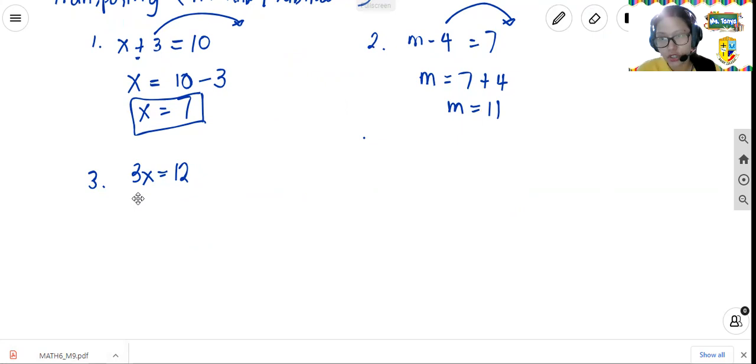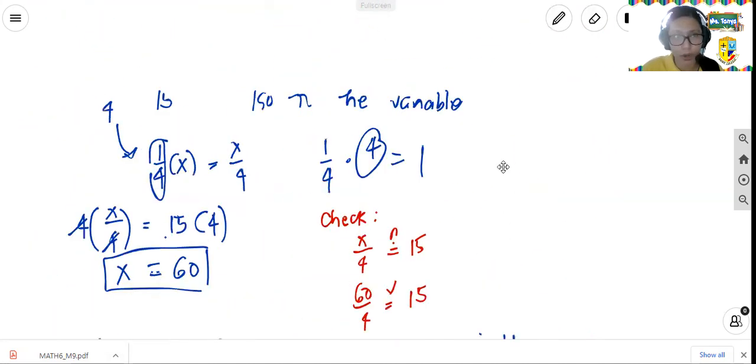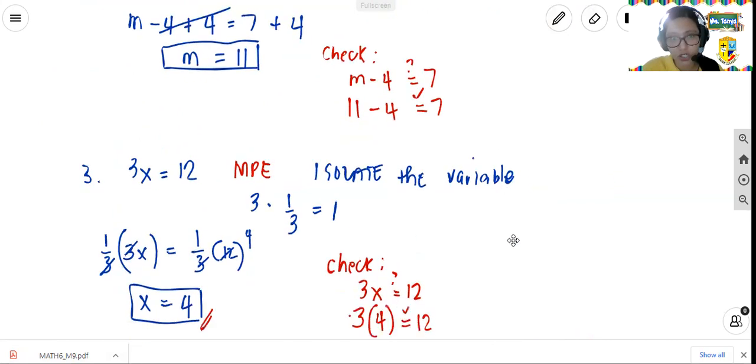In multiplication, the reverse of multiplication is actually division, right? So if I want to get rid of 3 here, I simply divide both sides of the equation by 3, which is actually the same as what happened when we applied the multiplication property of equality. So we're just doing a shortcut.